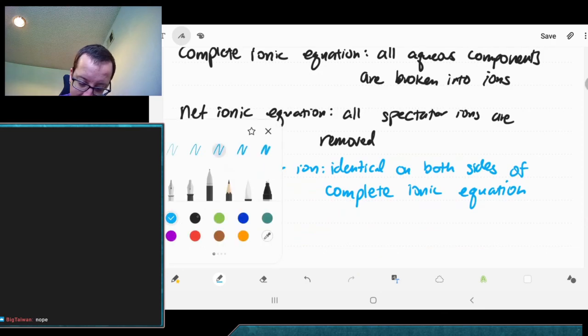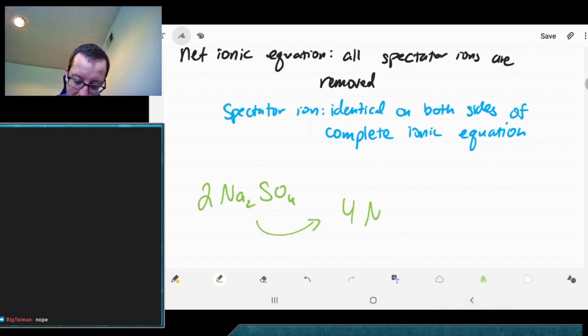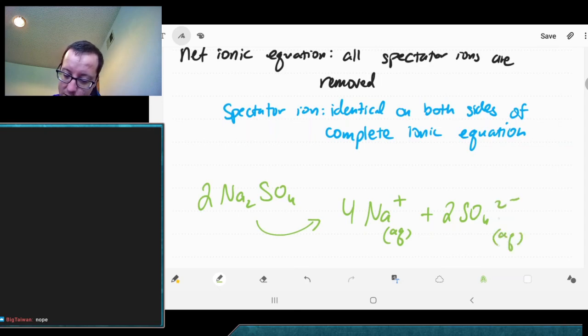Another thing to note is if you have, say, 2 sodium sulfates, if we're to break that up, that ends up giving us 4 sodium ions. Ions are always aqueous. Plus 2 sulfate ions. Just don't forget the charges. Don't forget your state symbols, the state of matter. And don't forget your coefficients. So notice that this 4 here comes from these two.